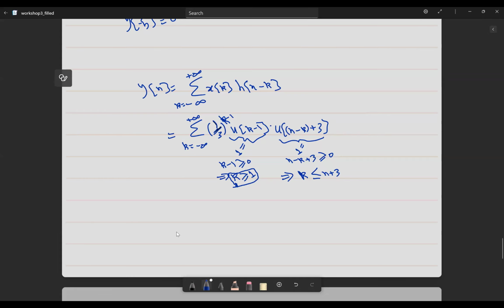Otherwise, they will make the summation 0. So we are interested only in the region between 1 and n plus 3. So k should be 1, 2, until n plus 3.